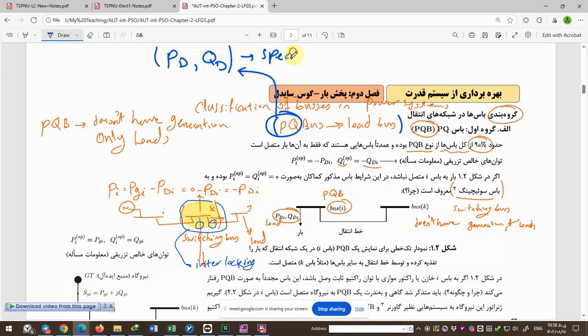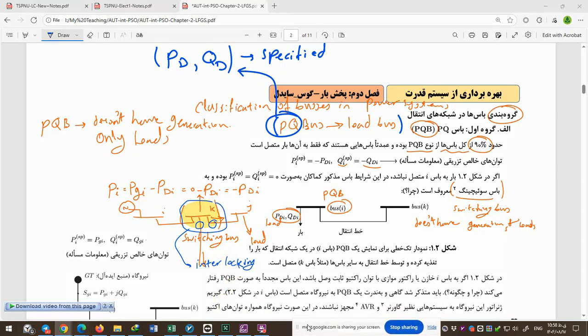Specified, specified. The parameters you have to find are Vi, the magnitude of voltage of bus i, and its angle. These two parameters are unknown.